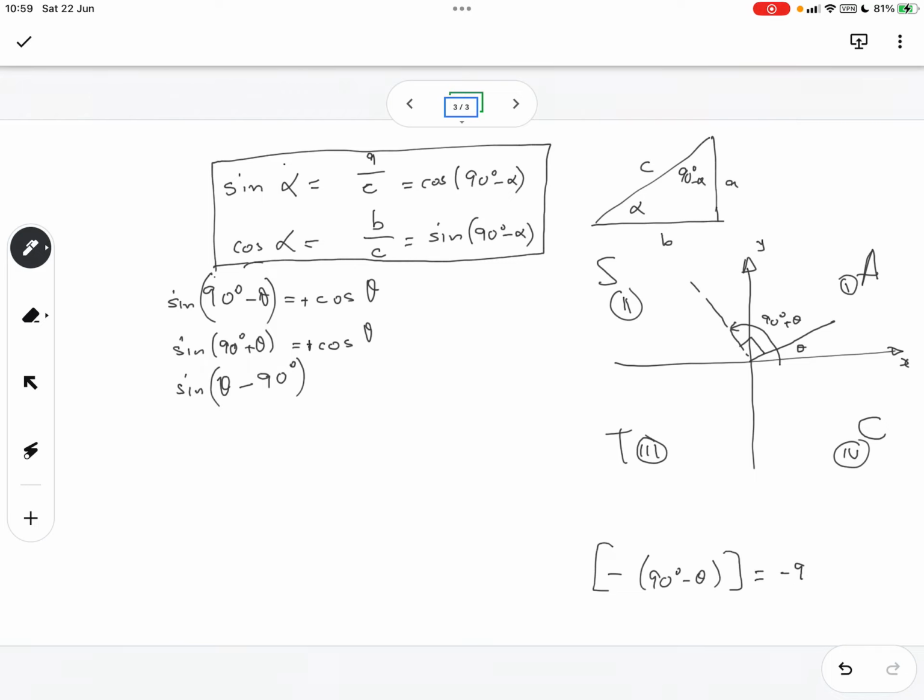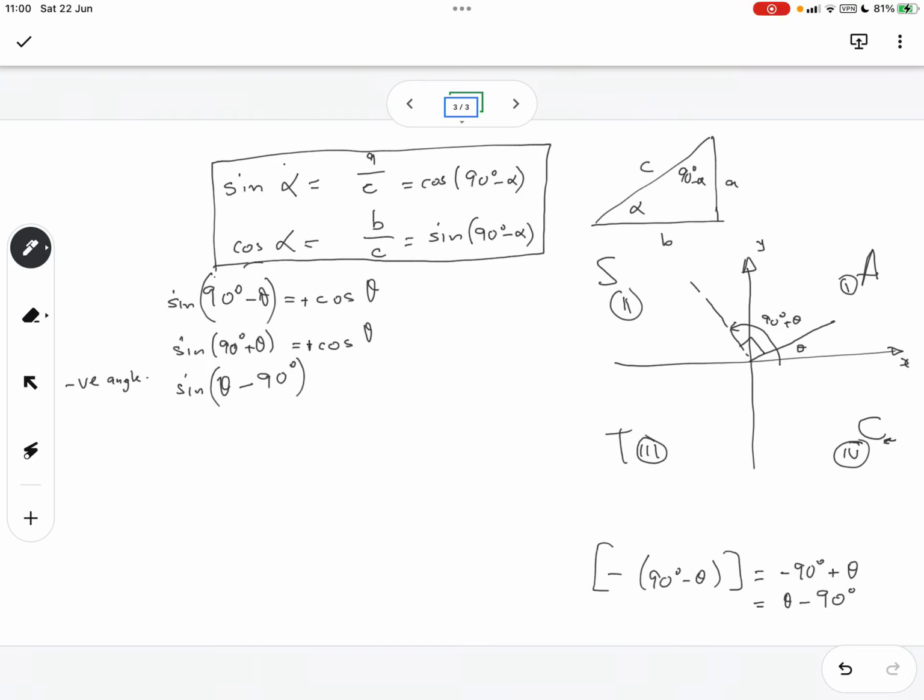Then this gives us negative 90 degrees plus theta, and this simply results in theta minus 90 degrees. So it's a negative angle. Now with negative angles, we know that it's only the cos that will be positive. So if, for example, this starts out as cos of 90 degrees minus theta, then the cofunction is going to be positive.